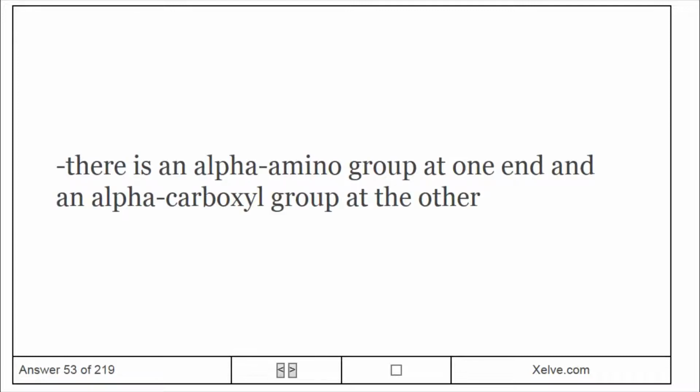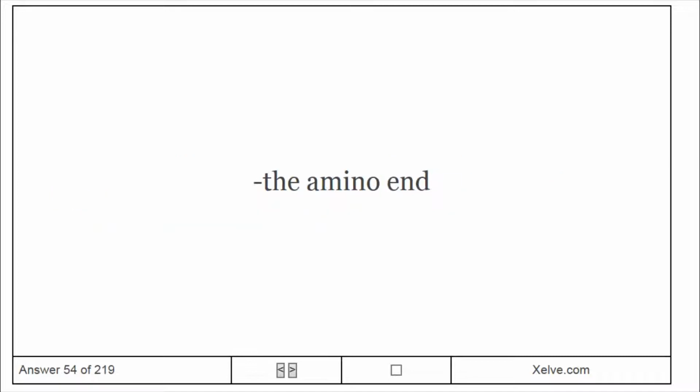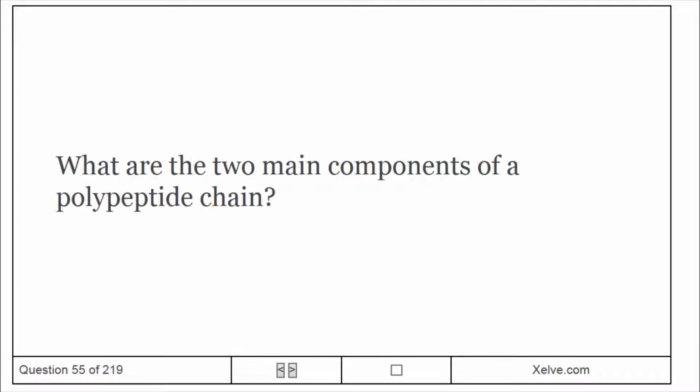How? There is an alpha amino group at one end and an alpha carboxyl group at the other. By convention, which end is taken to be the beginning of a polypeptide chain? The amino end.